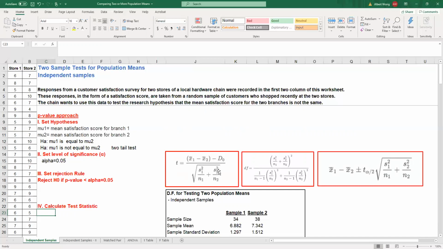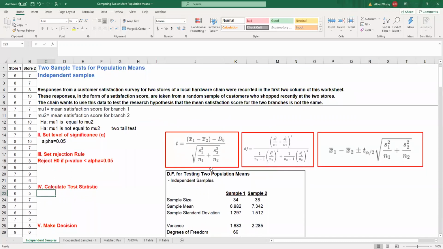From a theoretical perspective, this is actually an approximation. The exact solution of this problem is still not totally known to us. D0 is just in case we want to test whether the difference of the two means is equal to a particular number, then D0 will be non-zero. In most cases, D0 is 0.